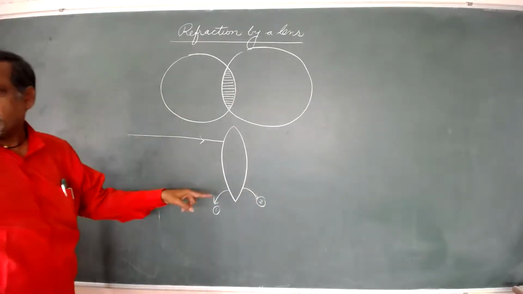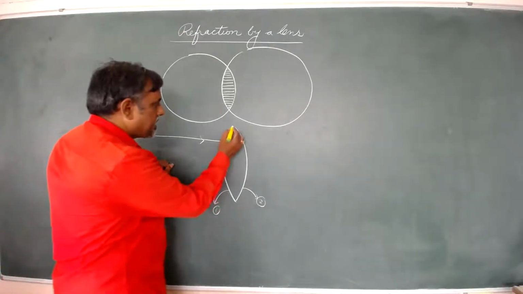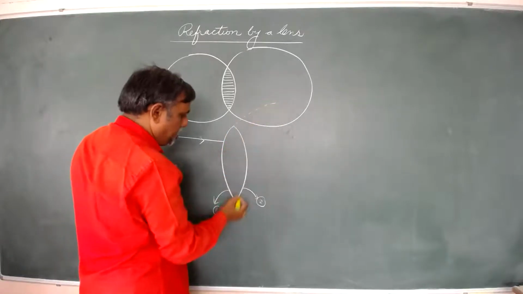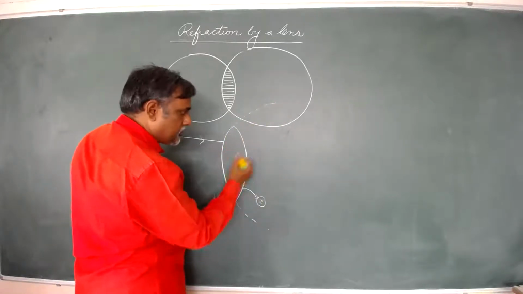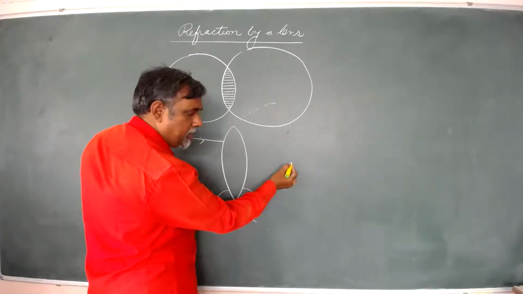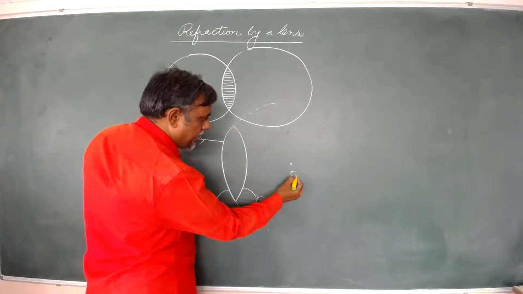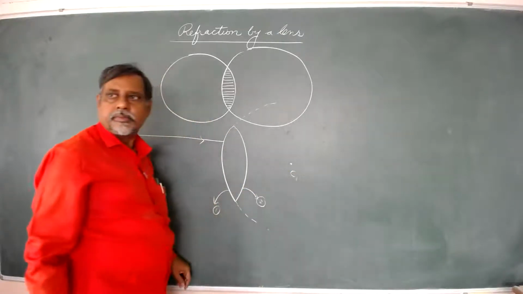If you extend this, you will get one sphere, and that sphere has a center. This is the geometric center for the primary surface, known as the primary center of curvature.